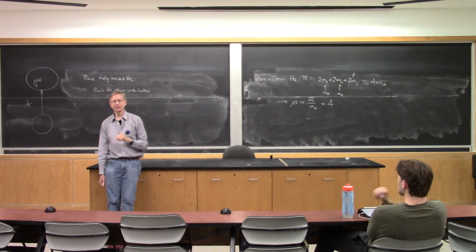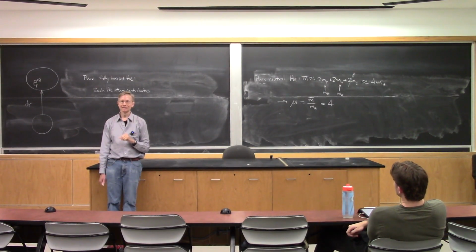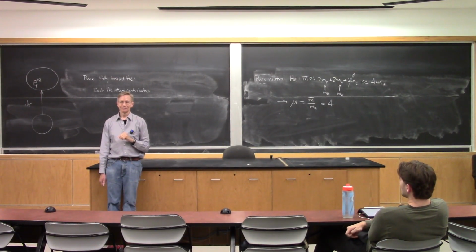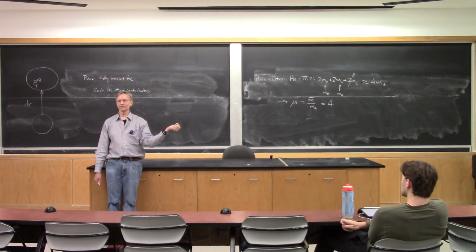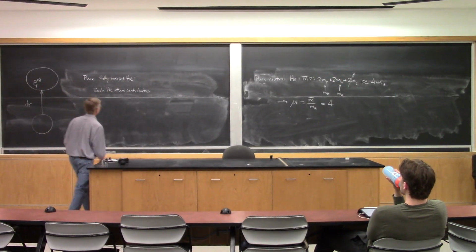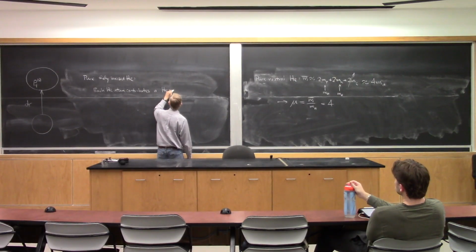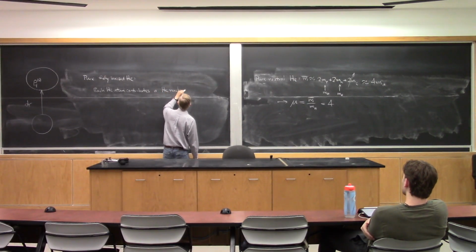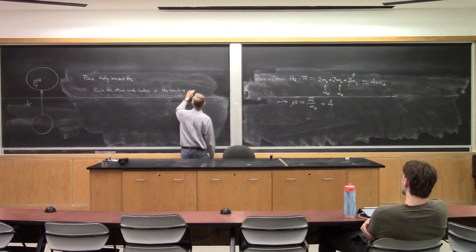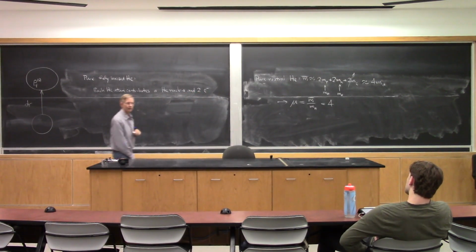Now each helium atom has turned into what particles after I fully ionize it? I've got 2 electrons and a bare helium nucleus. Each helium atom contributes a helium nucleus and 2 electrons.